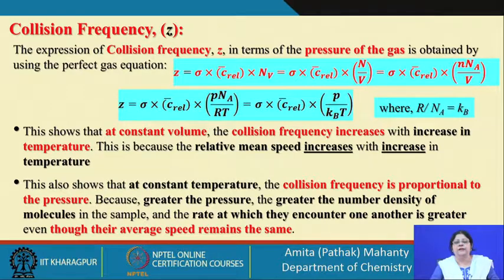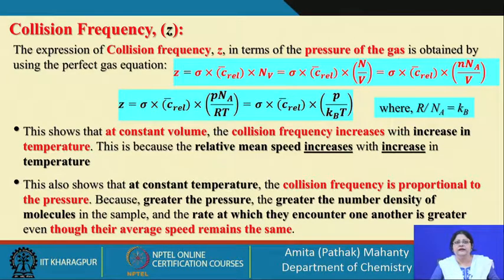If the number of particles, that means the number density, is increasing, then the pressure is going to increase. So, at constant temperature, the collision frequency is going to increase if you increase the pressure, because increasing the pressure indirectly means that you are increasing the number density of the gas particles.